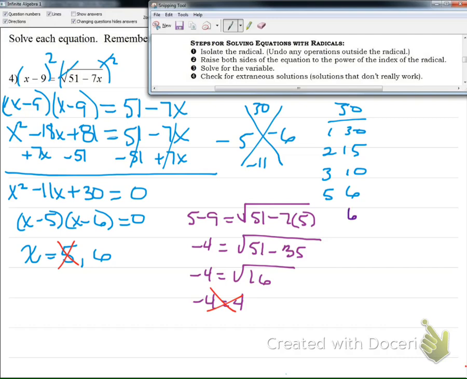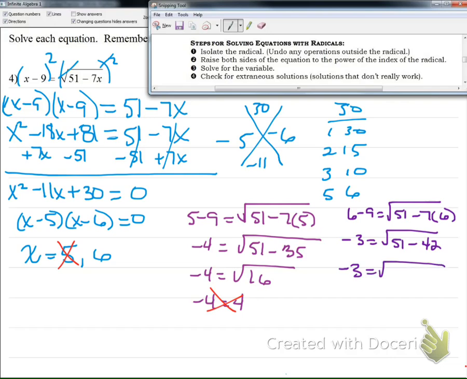Let's try 6. Plug it into the original equation wherever you see an x. And then simplify. 6 minus 9 is negative 3. Is equal to the square root of 51 minus 7 times 6, which is 42. Bring down that negative 3.